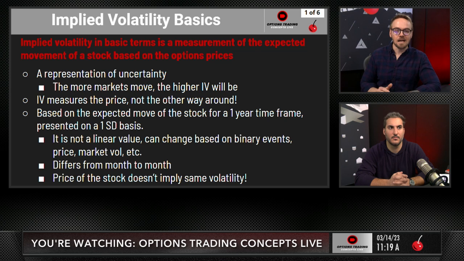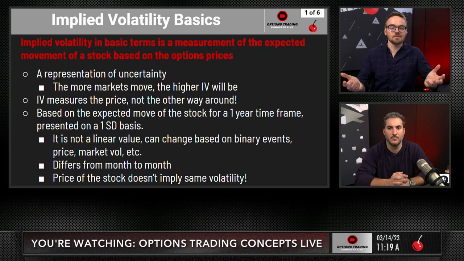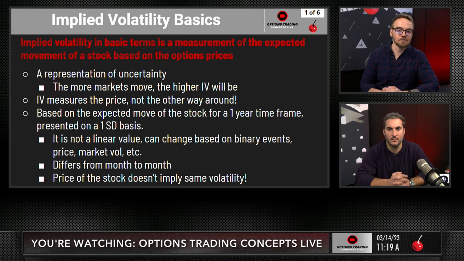So it's not linear. It's almost always going to slope higher in terms of implied volatility exposure as you get closer to expiration, because most of that extrinsic value in that cycle is going to be implied volatility based, or at least more so implied volatility based than time value based. Yep.